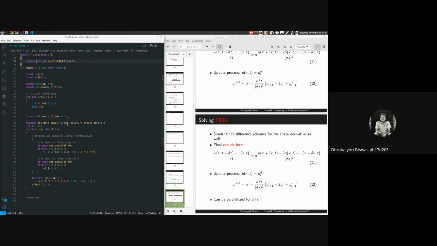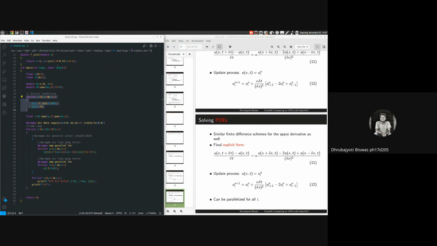What you do is, you again define a u and a tu. By t I mean temporary. The temporary u is needed because I will have to update all the values of i in parallel. So you do it in a new array tu and then copy the array back into u. You initialize the system for this.